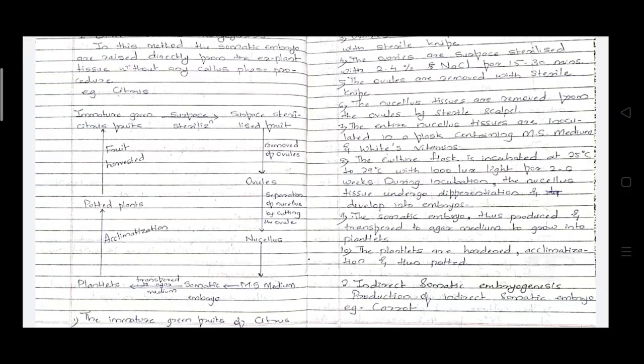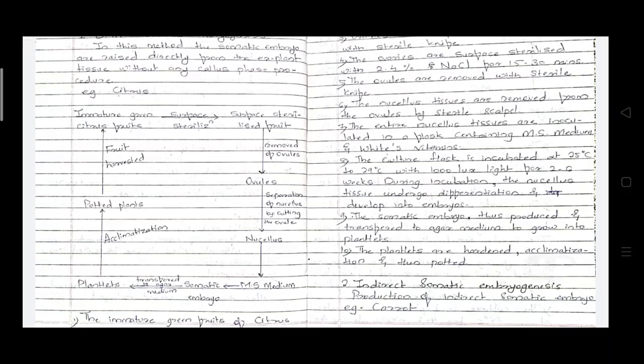Then the somatic embryos are recultured on agar medium. From these somatic embryos we get plantlets, or they develop into shoots and roots.